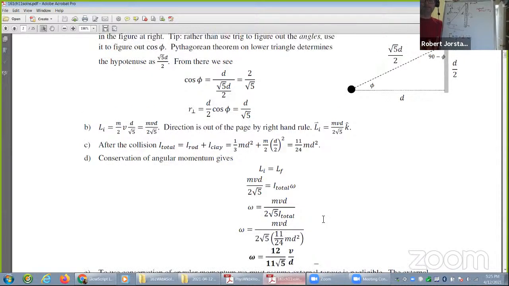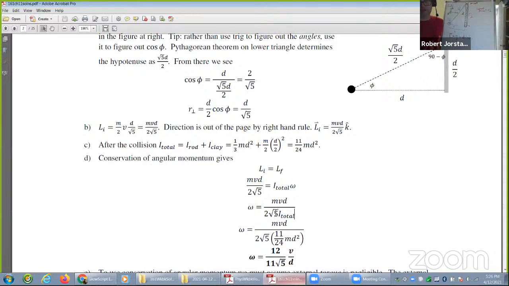Take a look at it. L initial equals L final. I'm assuming a k-hat on everything, but we're going to ignore the k-hat because they drop out after the first line anyway. MVD is the initial angular momentum from the point mass swinging in to hit it. Afterwards, I need the total moment of inertia and its rotation rate.